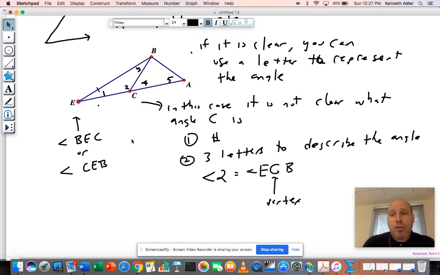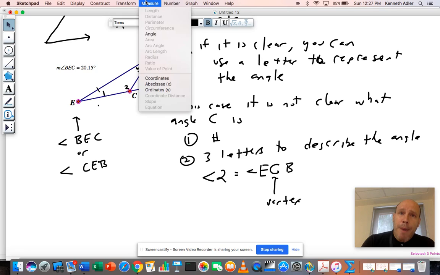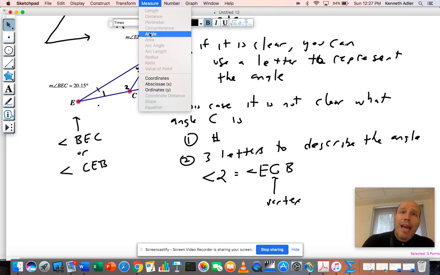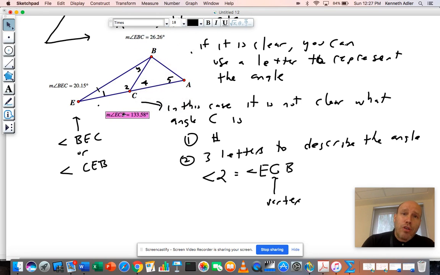So the computer says, no, we need 3 points.